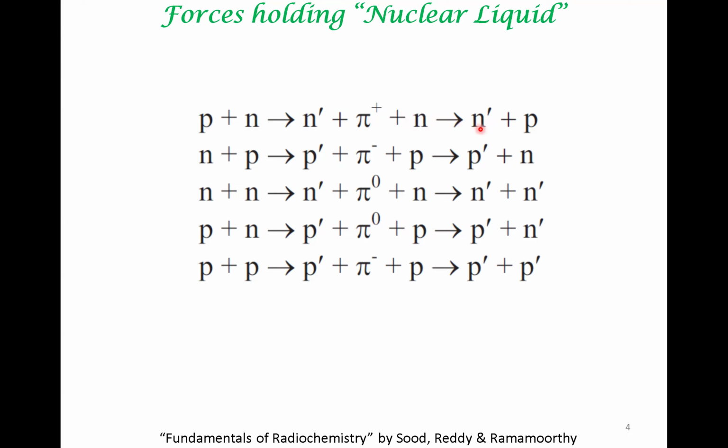So this n prime comes from this proton. Likewise, this neutron can decompose into p prime, a proton, and a pi minus meson, and this may combine with a proton to form a neutron.